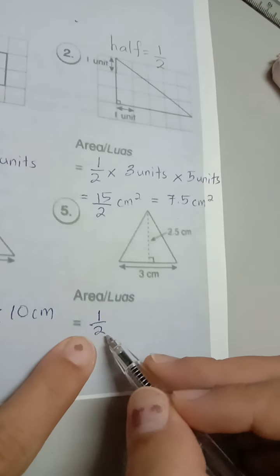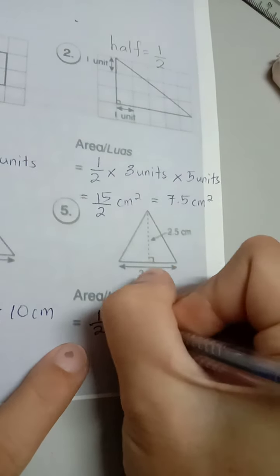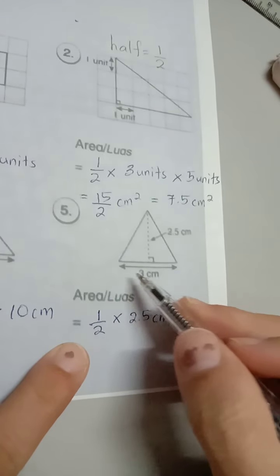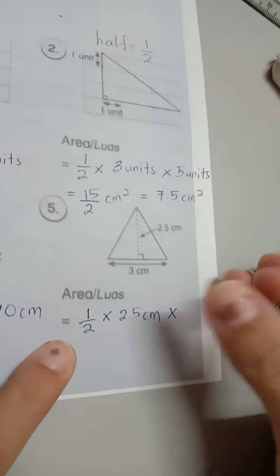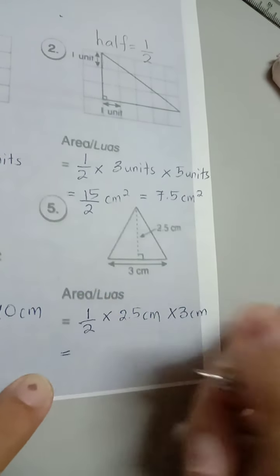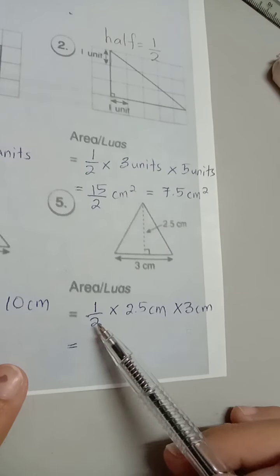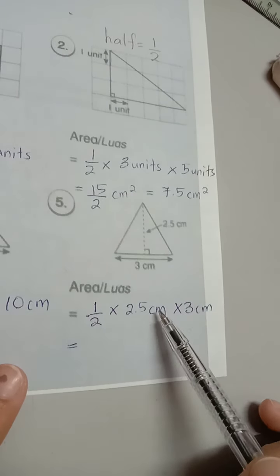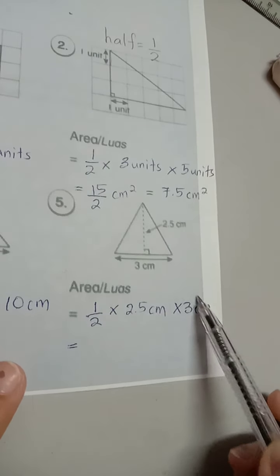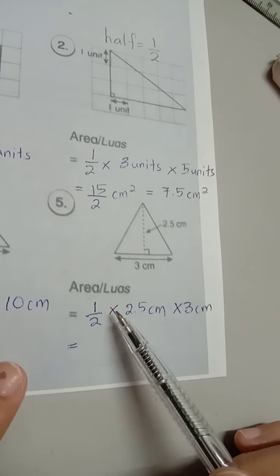So we need to use fraction 1/2 here, times the height is 2.5 centimeter and times the base, which is 3 centimeter. There is nothing that we can simplify here because this is 2.5. There's no 2.5 in table 2 and there is no 3 in table 2. So what can we do? We just multiply as usual.